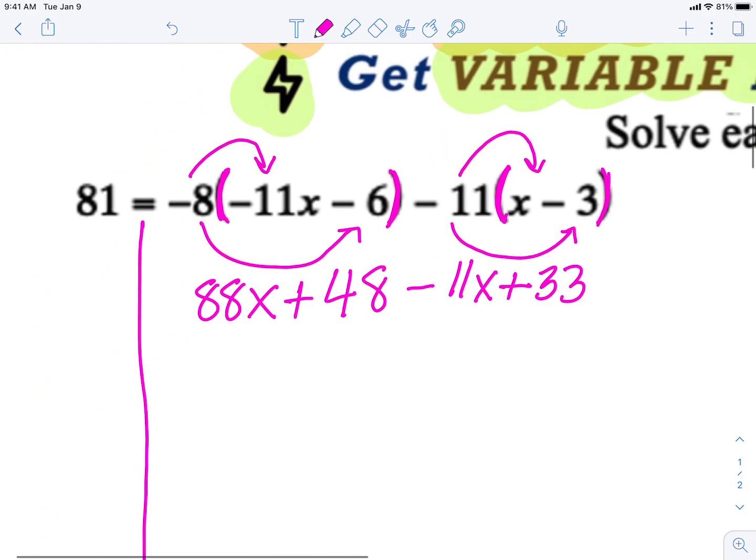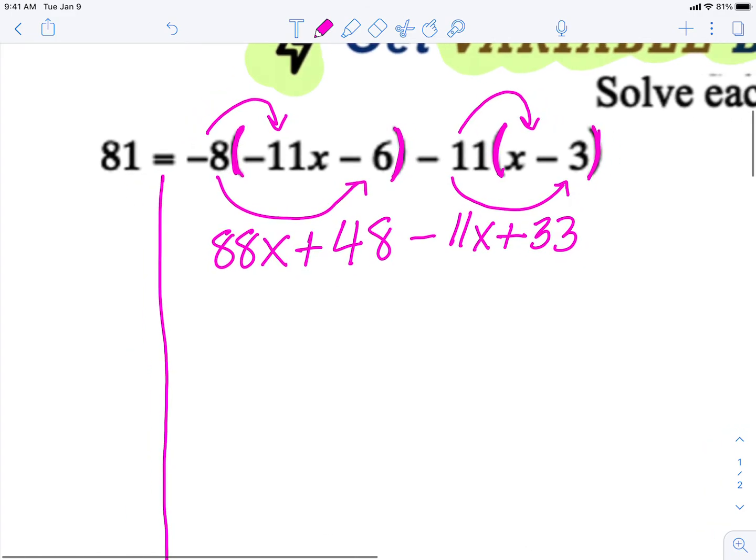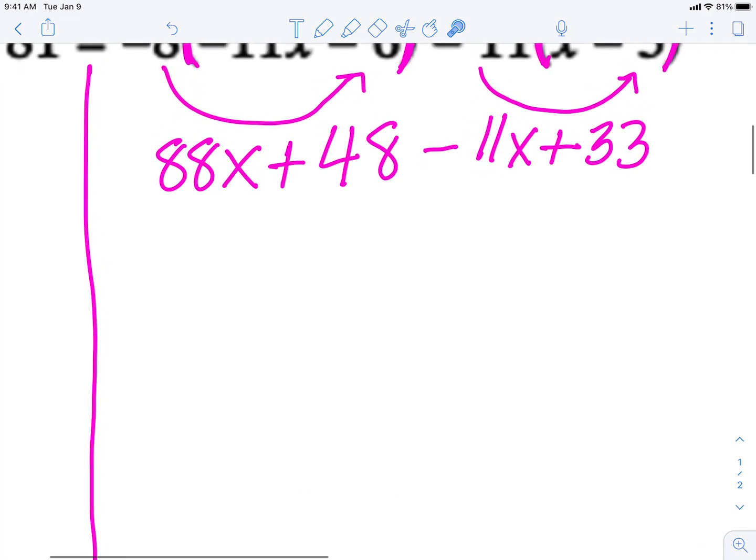So if you notice, there's a bunch of stuff happening over here. Over on the left side, this 81 is lonely by itself there, but we'll just leave this guy there for now. So here on the right side, we notice that we have like terms. So this 88x can go with negative 11x. Those are like terms.